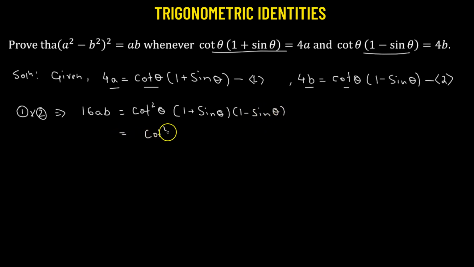Now when we multiply 1 plus sine theta with 1 minus sine theta, you can do this very quickly using the identity that (a minus b) times (a plus b) is equivalent to a squared minus b squared.